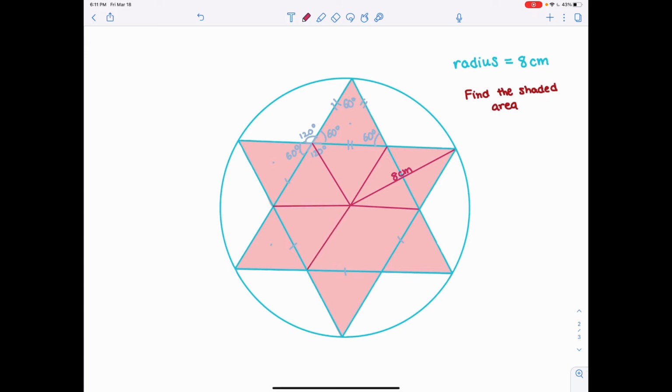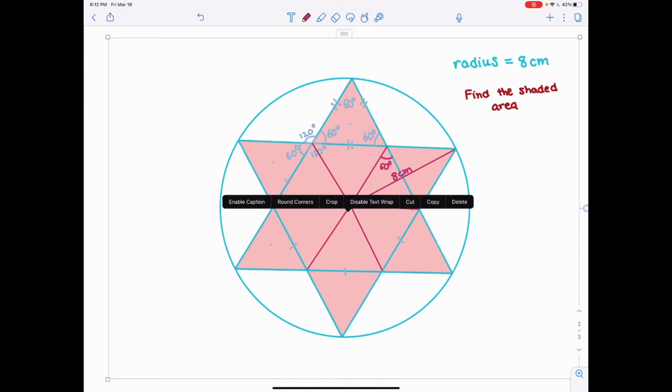And the way we know that these are all congruent triangles is because this is an equilateral hexagon. Since they're all congruent, then we know that each angle has to be 60 degrees, and 60 degrees here, and 60 degrees here. So they are all equilateral.